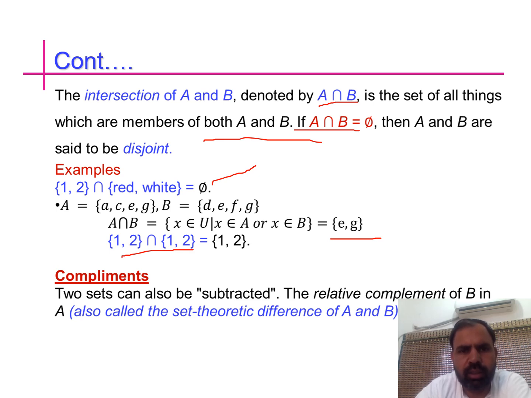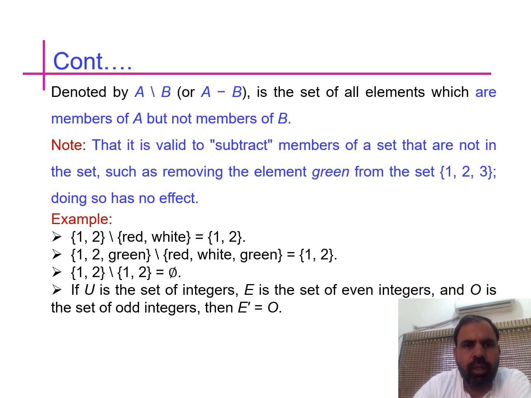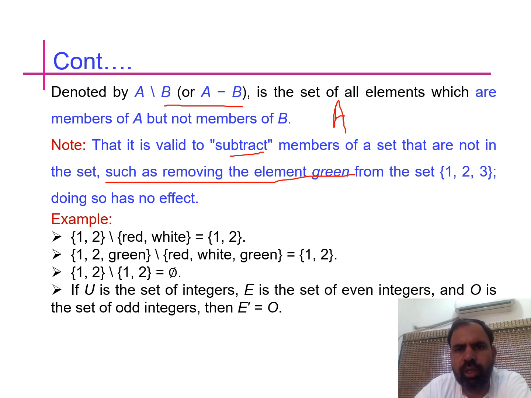Complements. Two sets can also be subtracted. The relative complement of B in A, also called the set theoretic difference of A and B, is denoted by A slash B or A minus B. It is the set of all the elements which are members of A but not members of B. It means that we subtract the elements of B from A. We have to note that it's valid to subtract members of a set that are not in the set, such as removing the element green from the set {1, 2}; doing so has no effect.